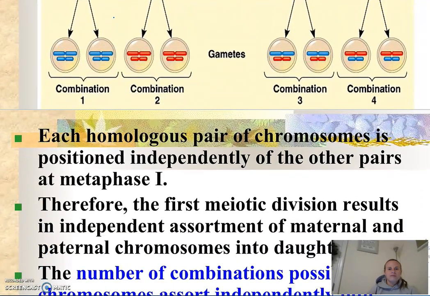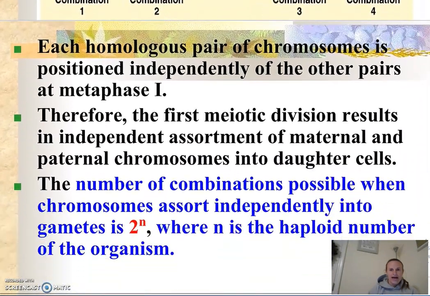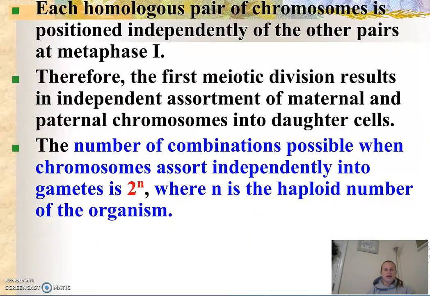The possible combinations that you could have due to this mechanism is 2 to the nth power. So I could get 2 to the nth possible combinations of gametes when chromosomes assort themselves independently, where that n is the haploid number of the organism.